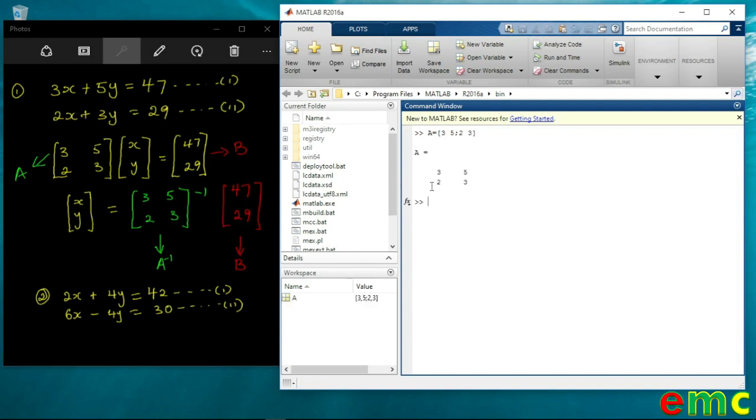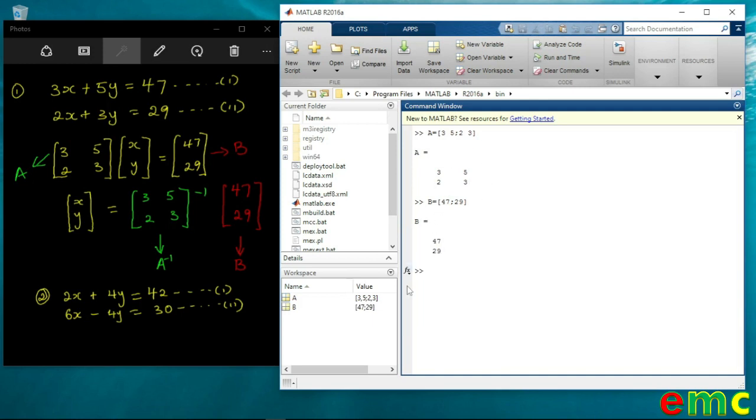So I have A to be 3, 5, 2, and 3, and matrix B equal to 47 and 29. So I have B equal to, I open my matrix, 47, semicolon to move to the next line, and 29. Close the matrix, press the enter key. So matrix A is this and matrix B is this.